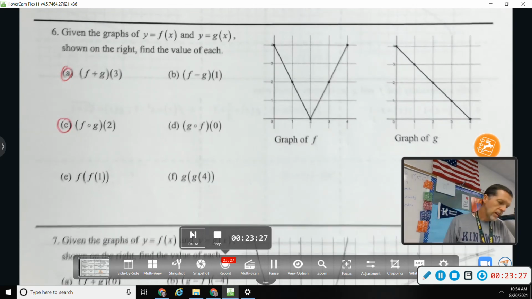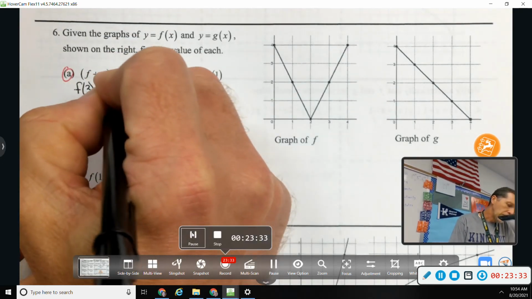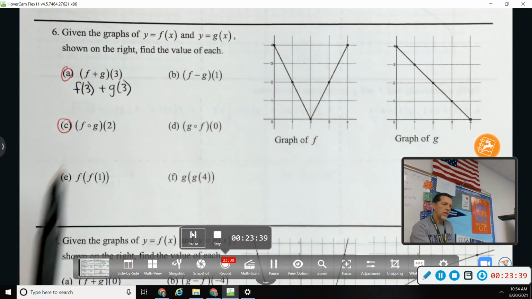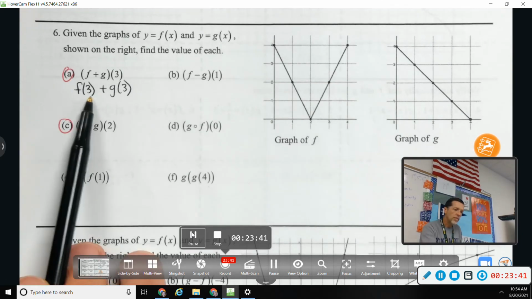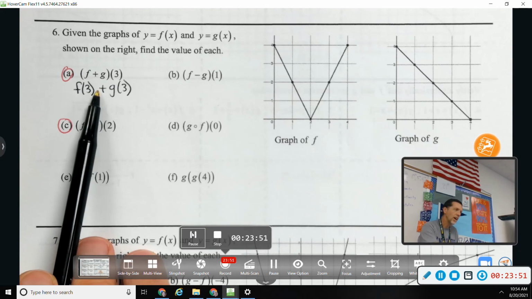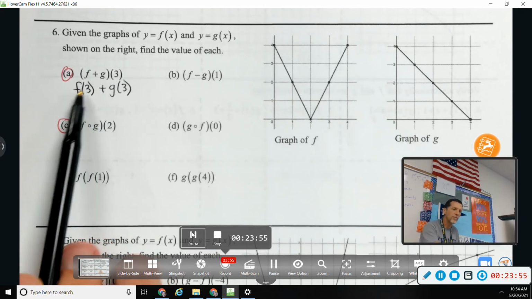So 6A, f plus g of 3. Remember, that means the same thing as f of 3 plus g of 3. Is 3 an x value or a y value? The 3 is an x value, which means f of 3 is x or y? Y. So I want to know the y value of f when x is 3.